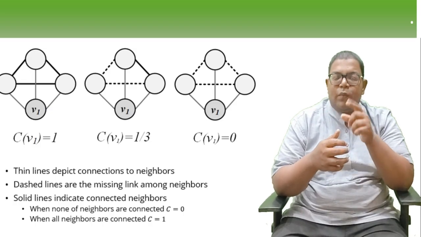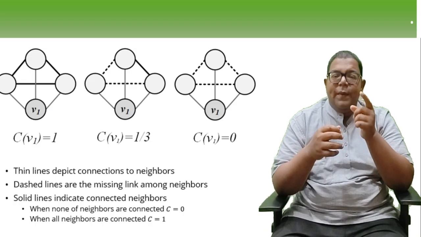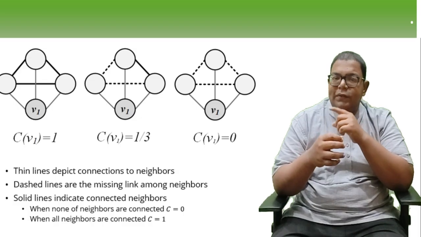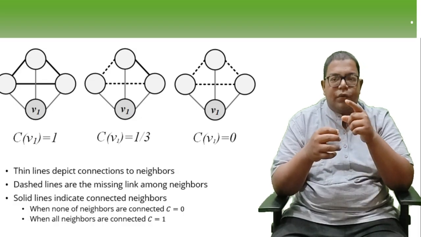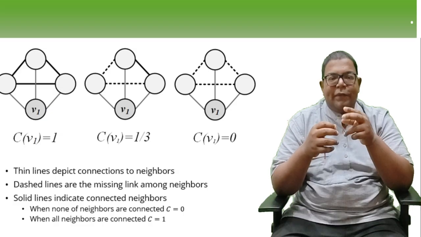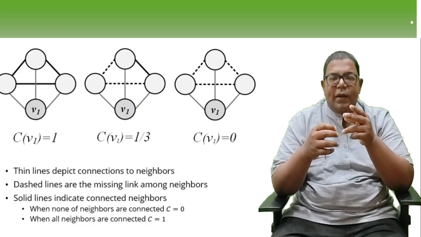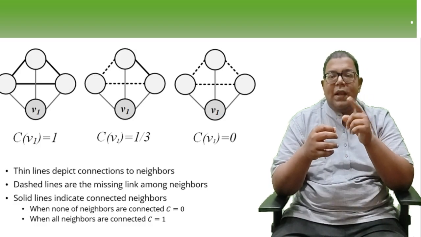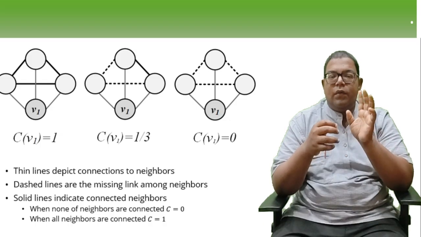Let us find out why. Here V1 is connected to 3 nodes, right? So its denominator will be 3 into 2 divided by 2. This will give us 3, and the numerator, how many of its neighbors are connected to each other? 3. So 3 divided by 3 will give us 1.